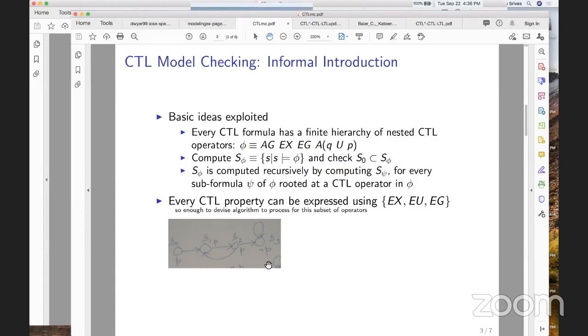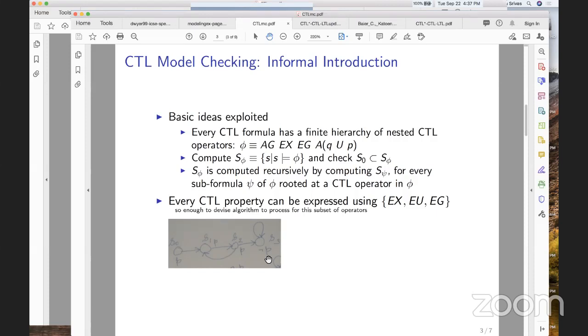But as a first step, we will see how you can do that by labeling every state with these S of phi's, for the formula or subformula that is true of that state. So to begin with, you start with the atomic thing. I've already labeled the states for which P is true and not P is true.